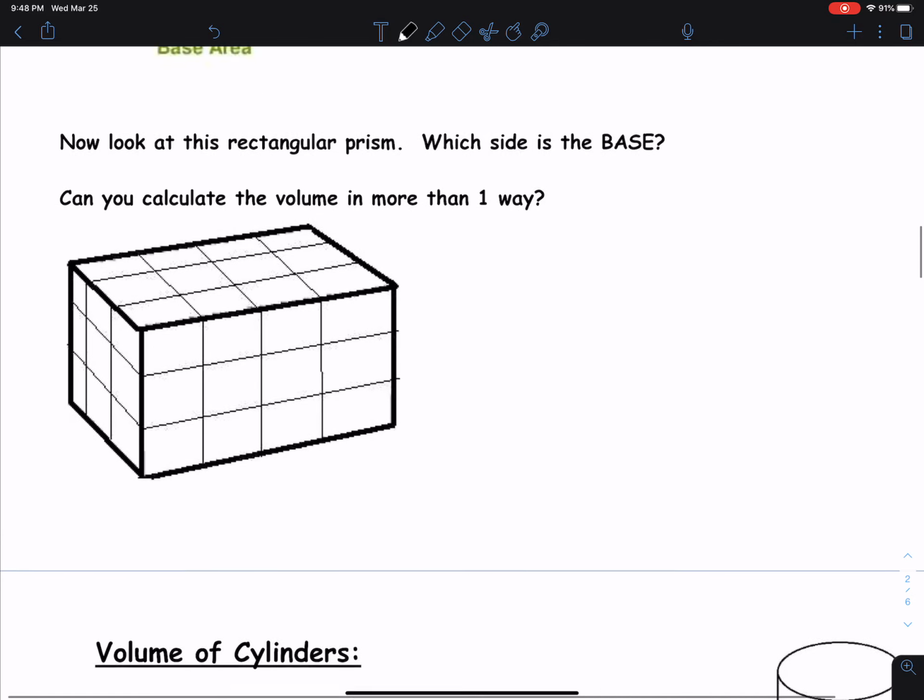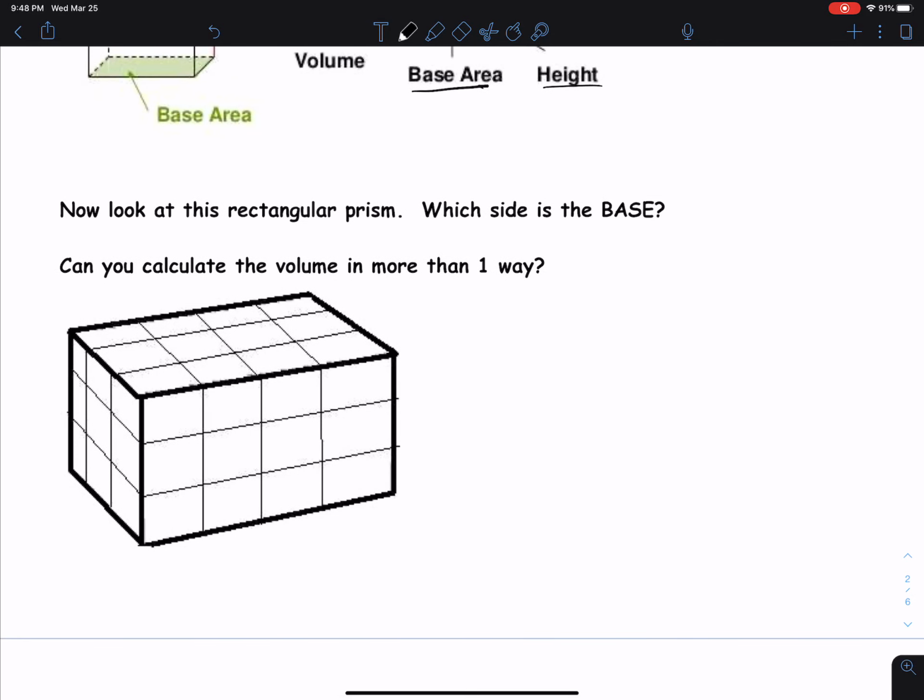So the first one that we're going to do is a rectangular prism. So which side is the base? On a rectangular prism, it doesn't really matter. So this side could be the base, this side could be the base, or this side could be the base. Doesn't really matter on here because it's like a rectangular prism. If it was a triangular prism or like a hexagonal prism, you would want the triangle or the hexagon to be the base.